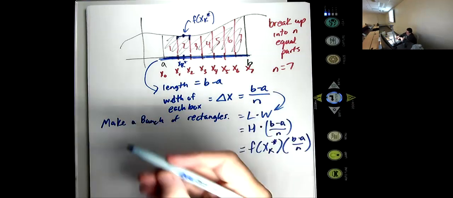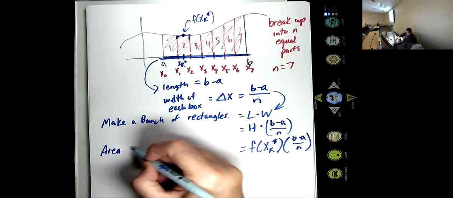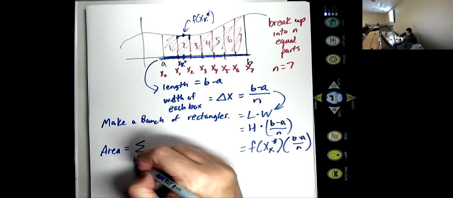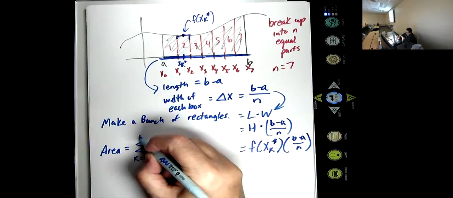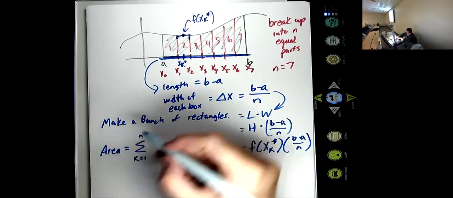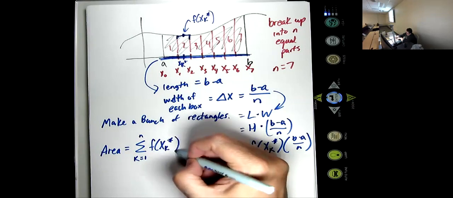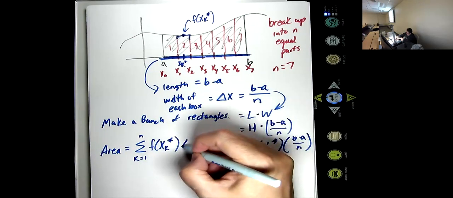And so we would add these up to get the area: sum from k equals 1 to n of f of x sub k star times that width, delta x.